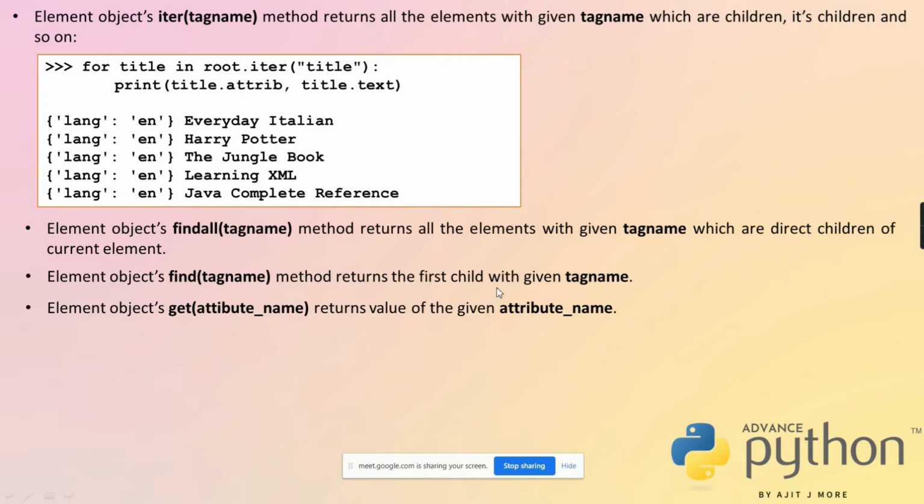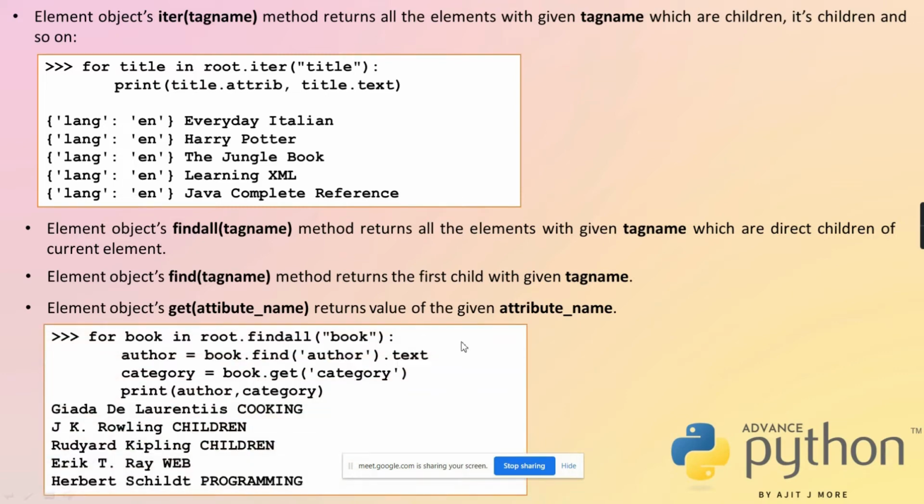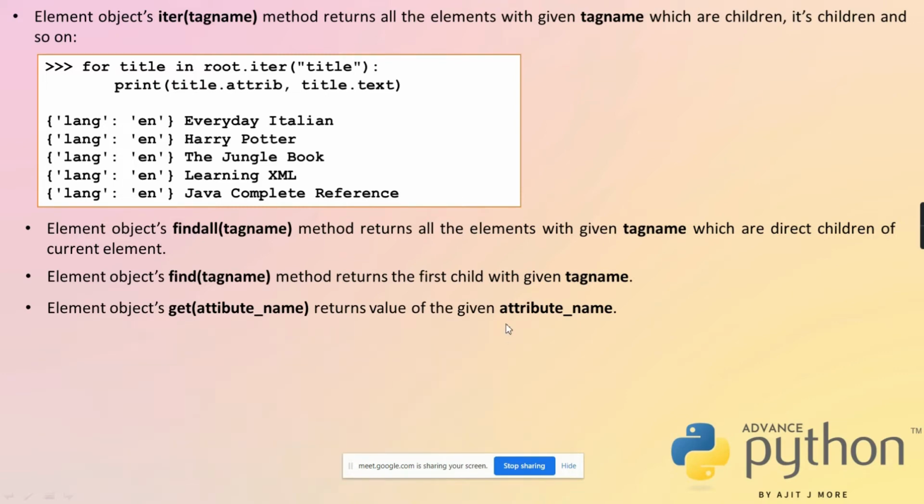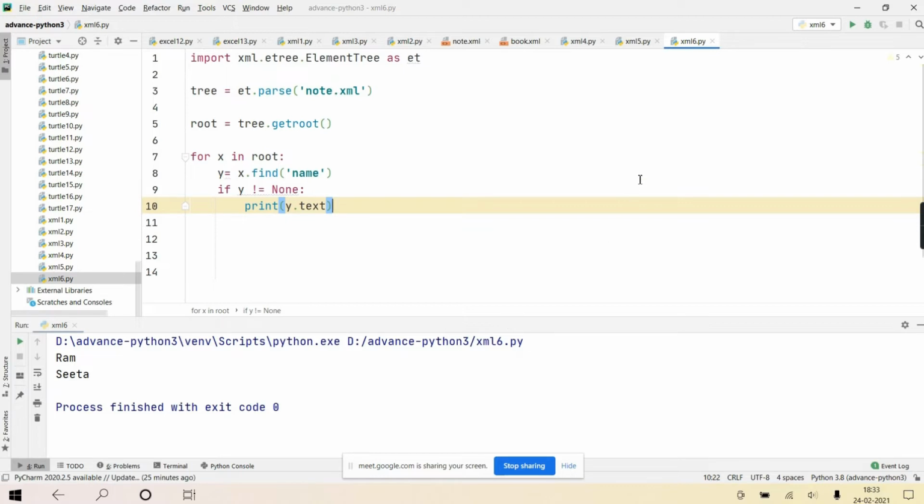You can also get it in dictionary form, meaning in square brackets, if you give the name of the attribute, it will give you the value. So element object's get, with the attribute name, returns the value of that attribute. Getting? Example in this program only.